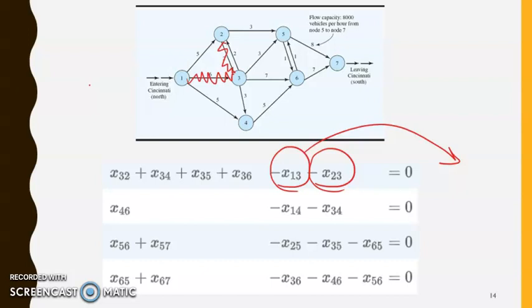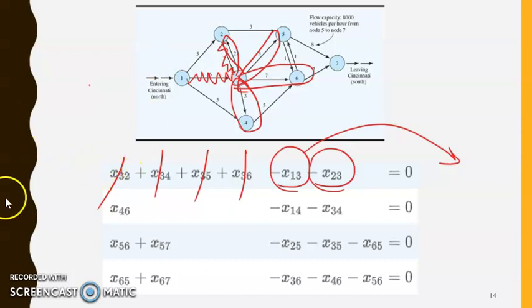And the ones that are outflow are x32, as you can see here, x34, x35, and x36. Similar logic continues for the other nodes, and just make sure you have written all of them correctly before you proceed to the next activity.